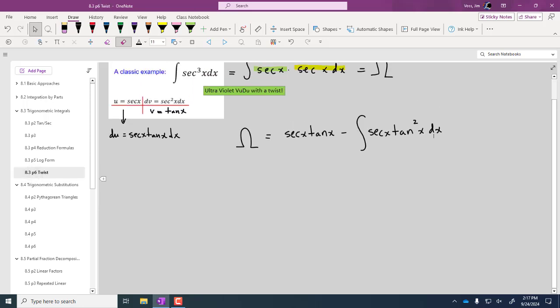So for tan squared, we're going to have secant x tangent x minus the integral, and in here we're going to rewrite tangent squared as secant squared minus 1. So we have that.